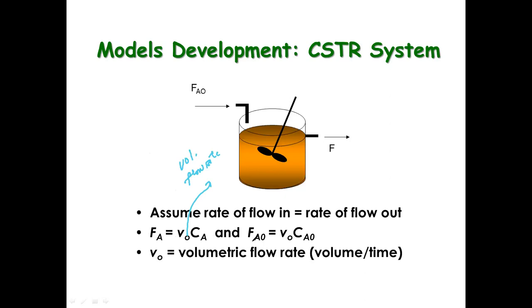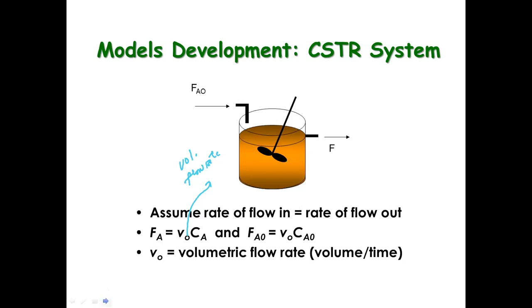Now, this is the initial molar feed rate: the volumetric flow rate also times the initial concentration. So you can see here v sub O is the volumetric flow rate, which will have a unit of volume per unit time.